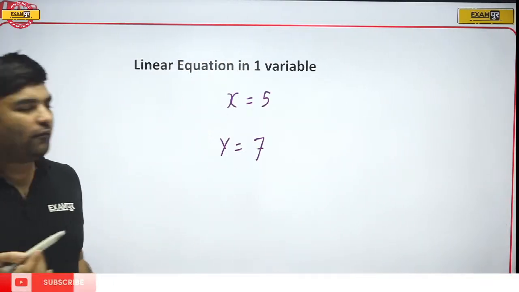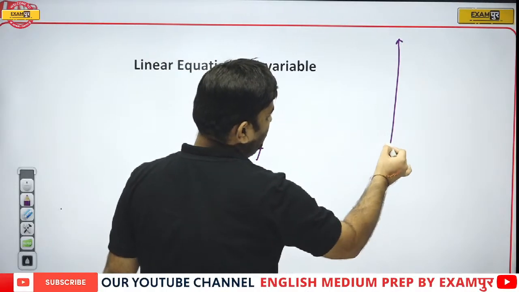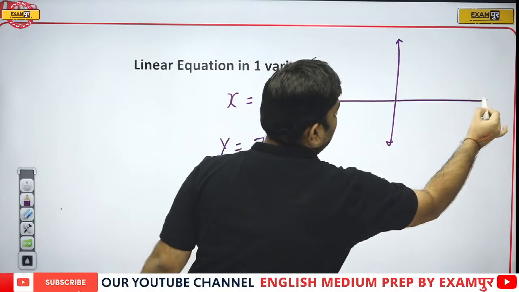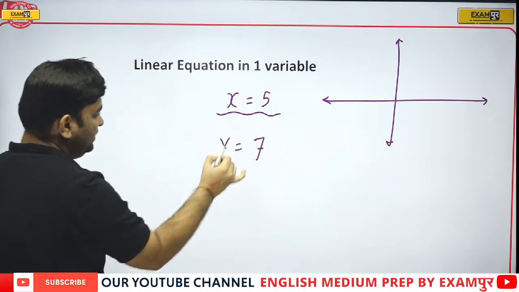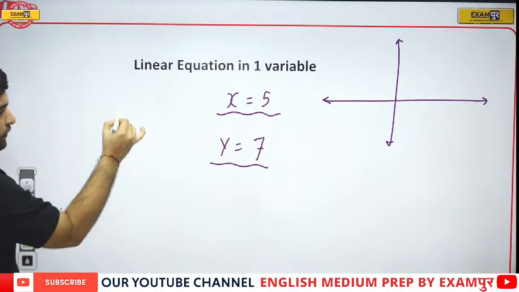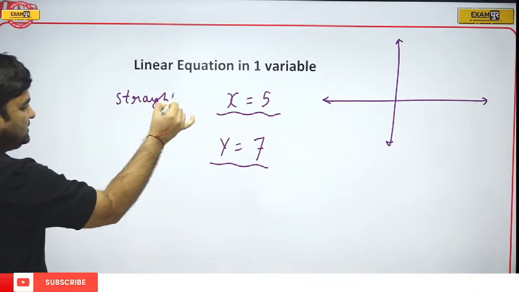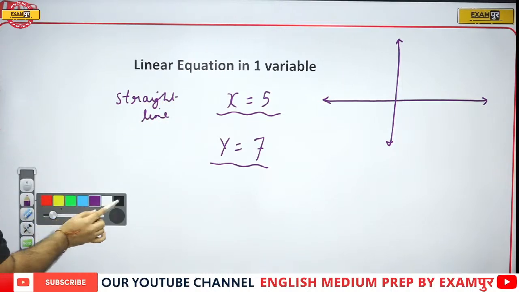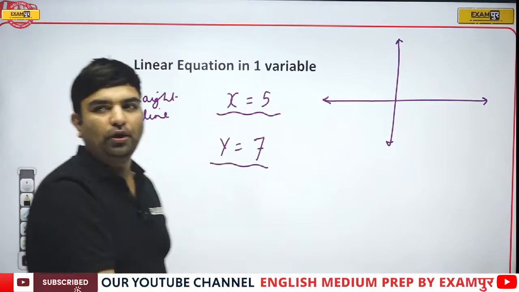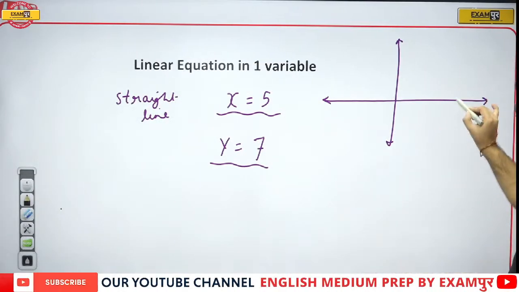What is the graph of x is equal to 5? x is equal to 5 is a straight line which denotes that at every point x is 5.